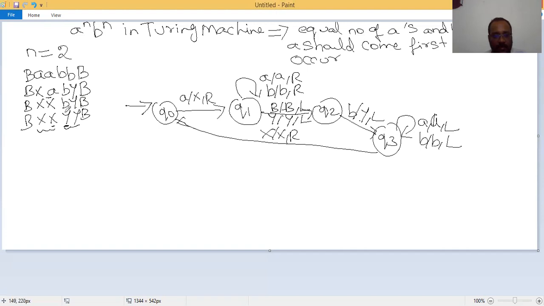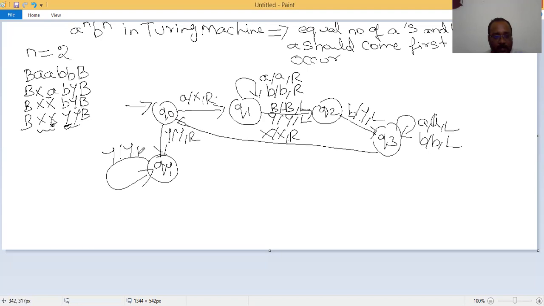Then you will have X. After reaching this X, it is mentioned as X and we move to the right hand side. Now you will be in Q1 state, where you have A and B as the input. After this X you will be in the state Q0. From Q0 you go to another state, Q4. Y is mentioned as Y and move to right hand side, for many Y's.